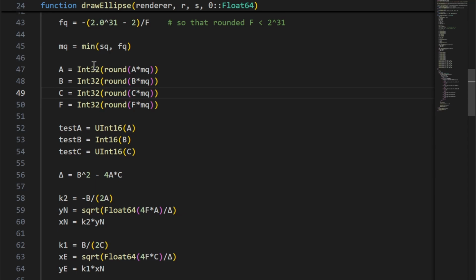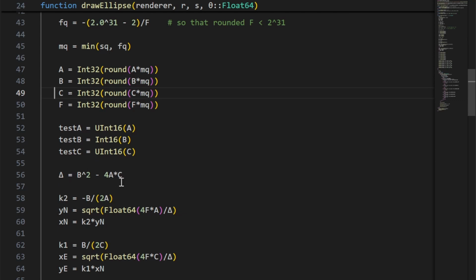Now here in Julia, I'm just going to do everything in 32-bit integers because it'll just make it a little bit easier to fiddle around with. But here I'm actually casting them to what I think the sizes should be in the final implementation, just to make sure they actually do fit. But I'm going to use these values in the Julia implementation, not the test values.